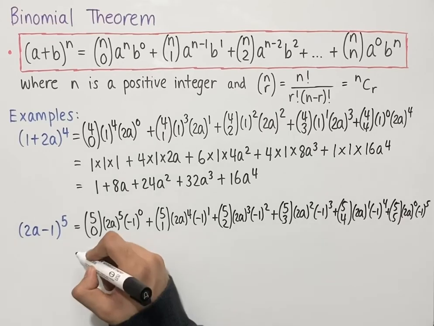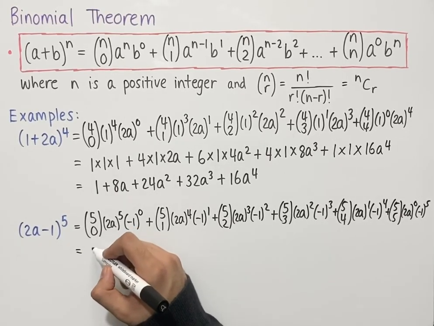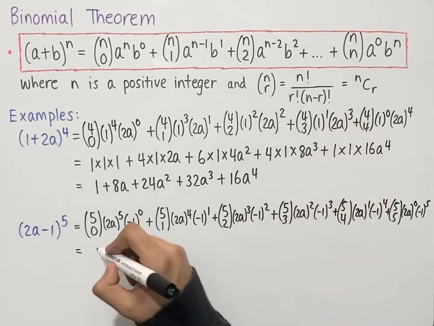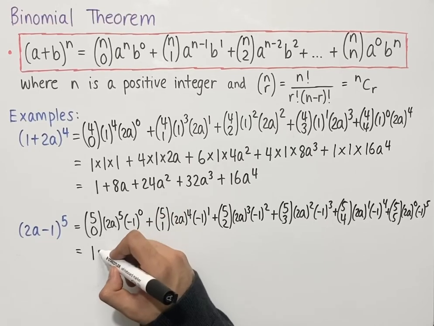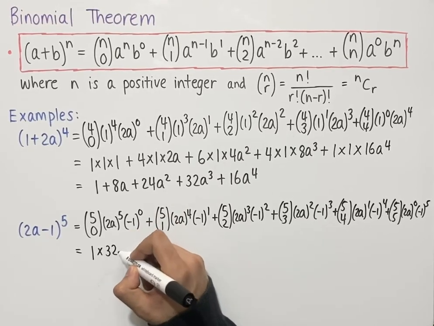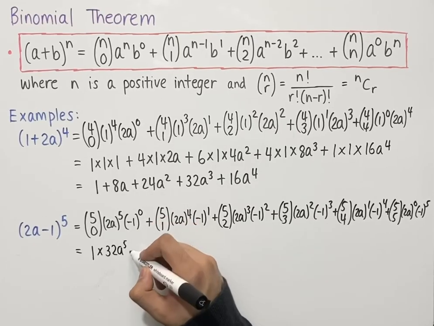If we now simplify, we have the following. So 5 choose 0, on a calculator or using the formula, gives us 1. 2a all to the power of 5 gives us 32a to the power of 5, and the minus 1 to the power of 0 is just 1.